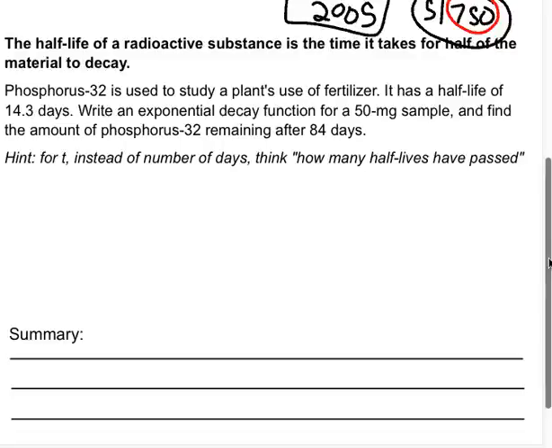All right? So, for half-life, we have a little bit different structure. Half-life is always going to be decreasing. Half-life is always decay. Always. Now, what is it decaying by? Well, here we're starting with a 50 milligram sample.